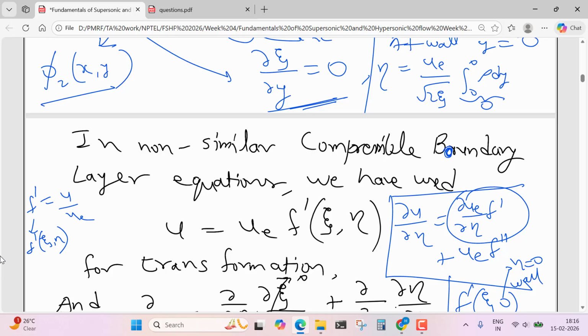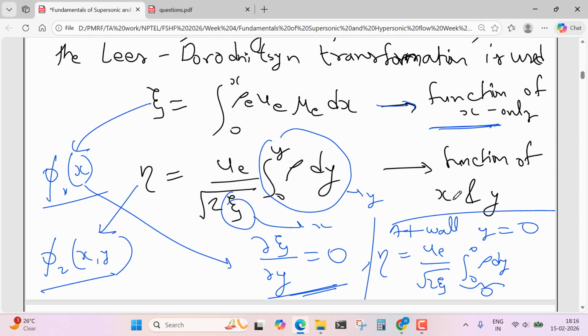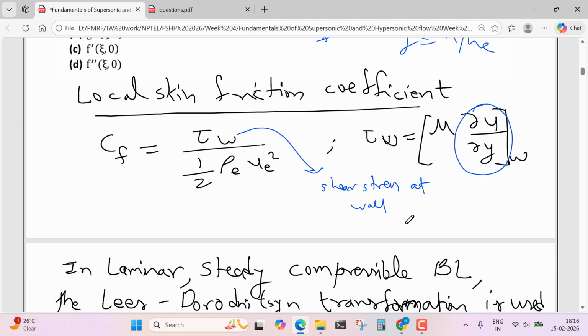So we are taking one function of xi and eta such that u upon ue is that function. Now we will check the transformation. We have to find dou u by dou y for the wall shear stress.